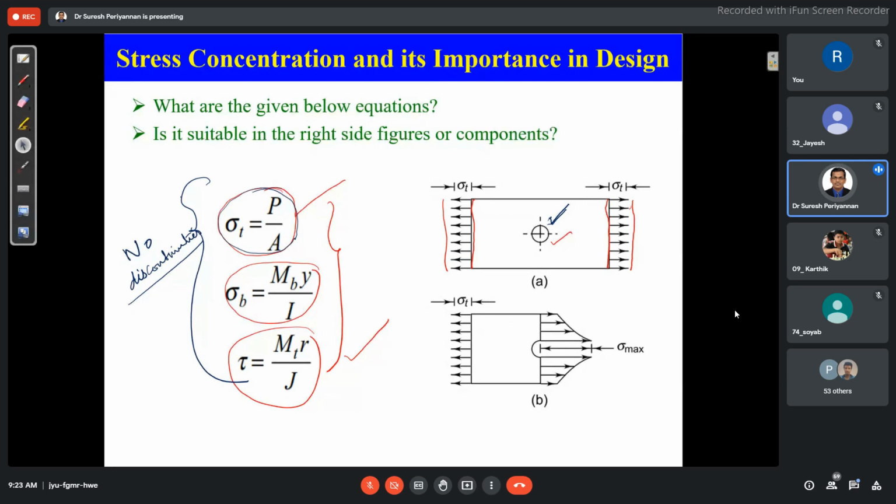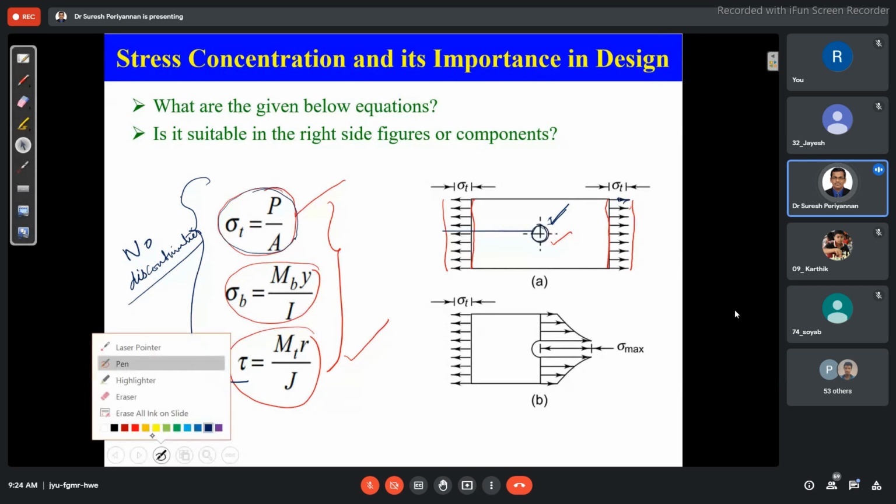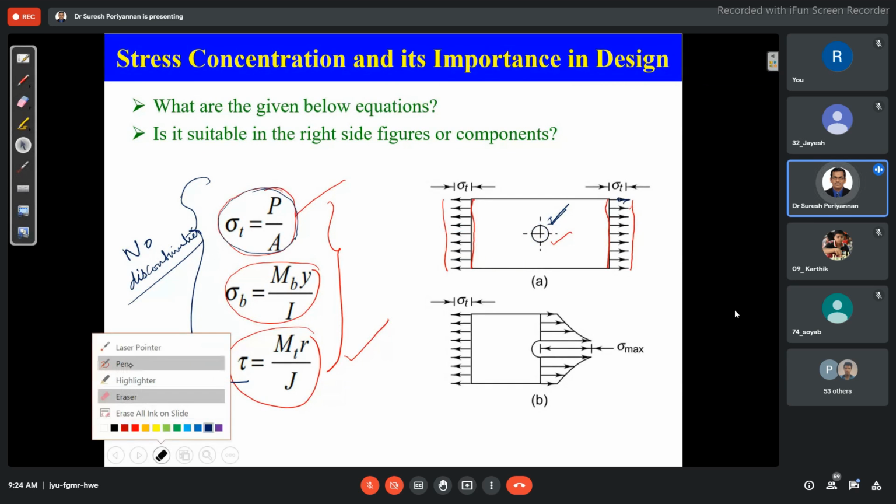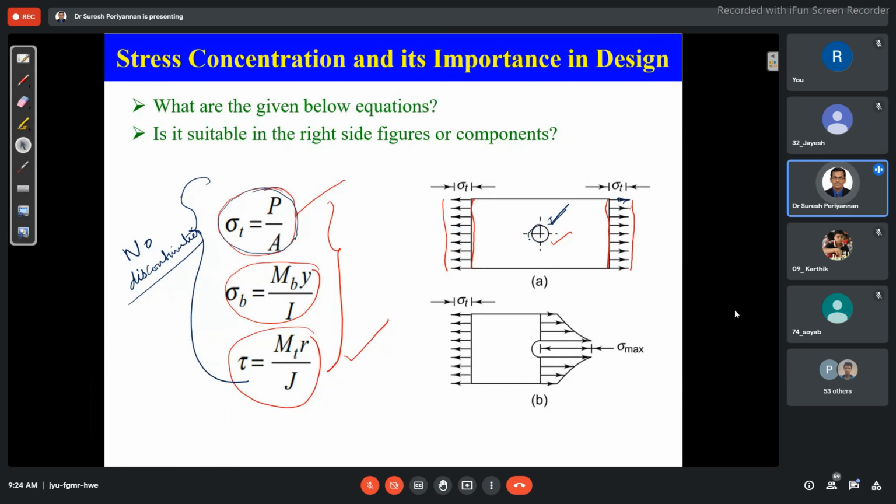Then they kept it below the polariscope and applied the load. The epoxy resin sample was prepared with a hole. Then they performed the experiment, applying tensile load on both sides. It's a uniform cross section here.